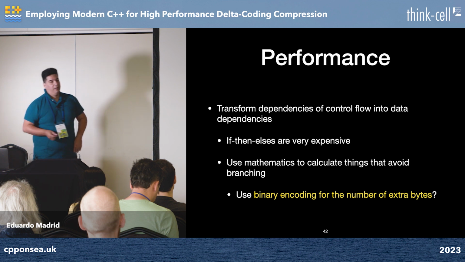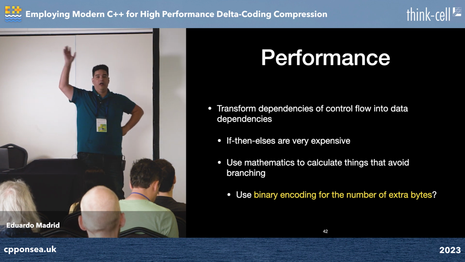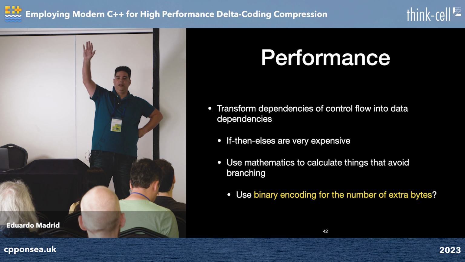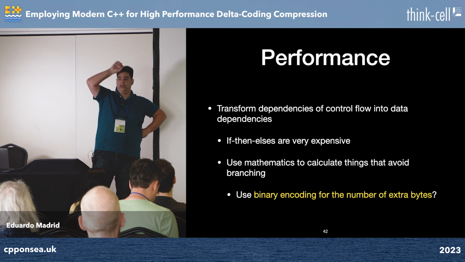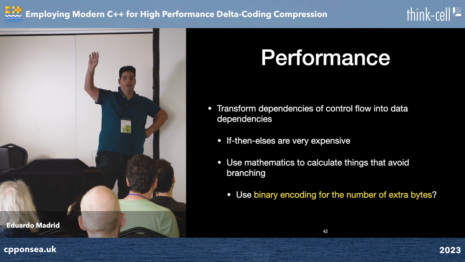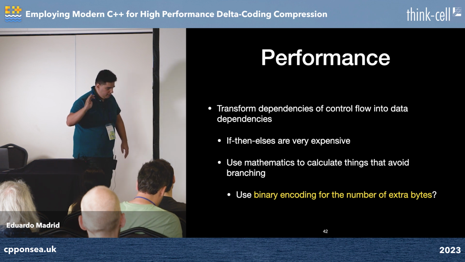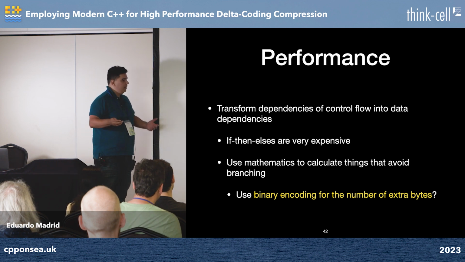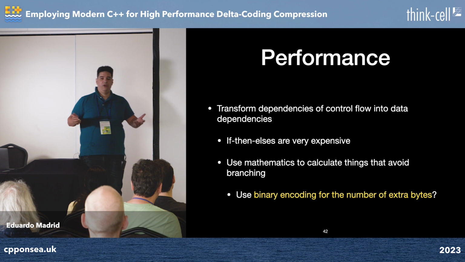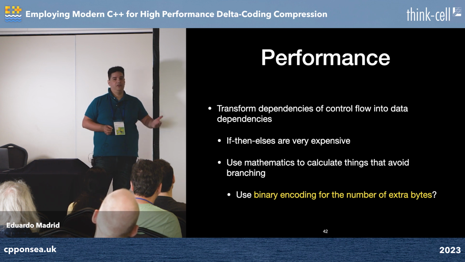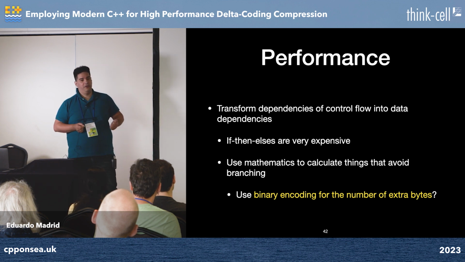Now, how many of you have seen the details of the design of integers for protocol buffers before? Okay, I see only 2 raised hands. But all of you, have you thought that perhaps using unary is not a good idea in this scenario, and that perhaps using binary coding for the number of extra bytes might be superior?